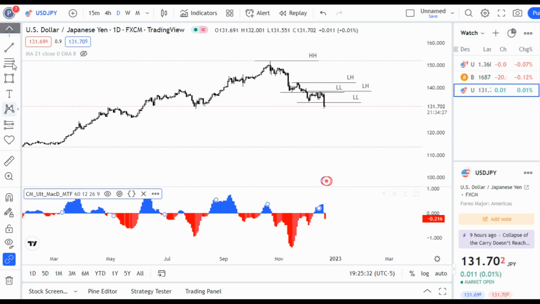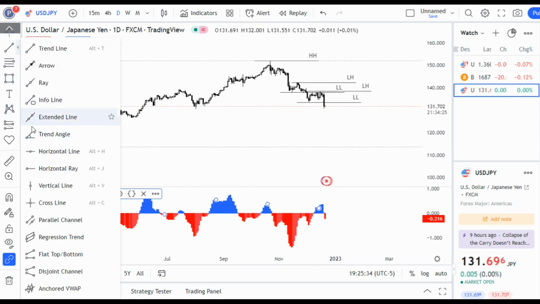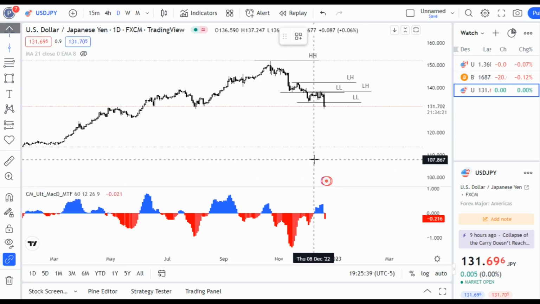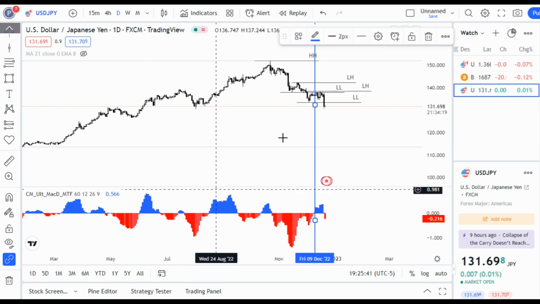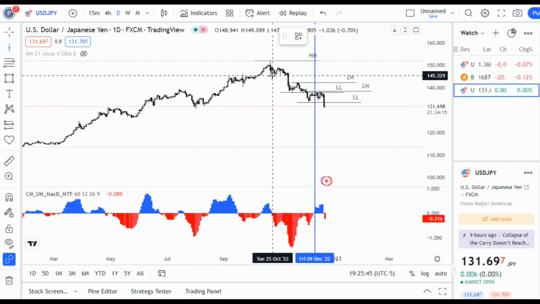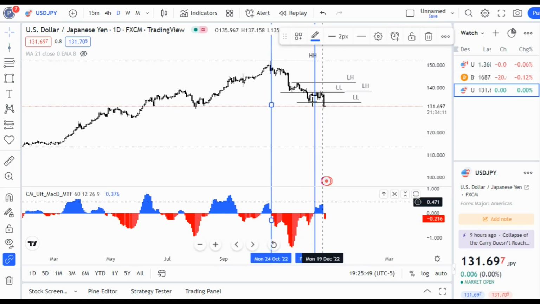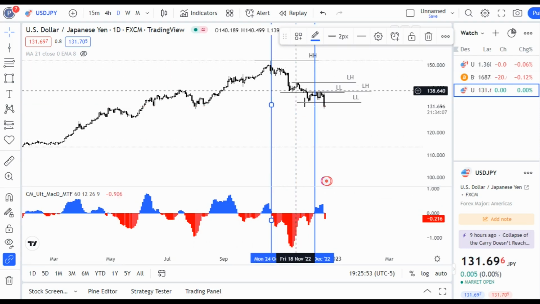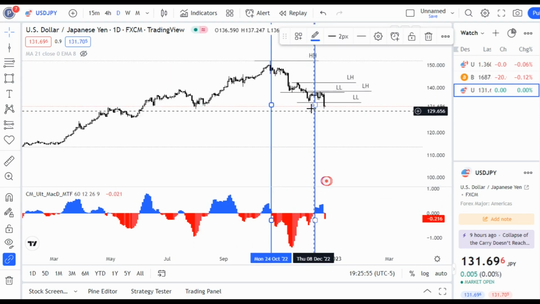So for us to use our vertical line, this is what we can actually identify or see. This was it. So this low moved from this end up to this area. This is where it ended. Actually, it ended on this line.